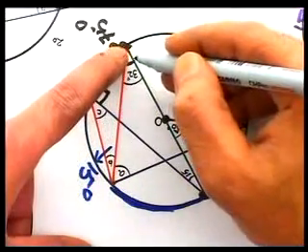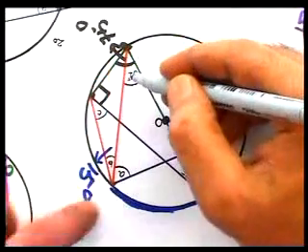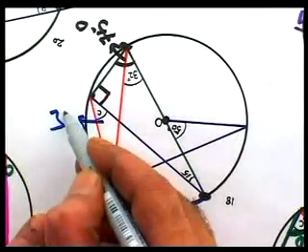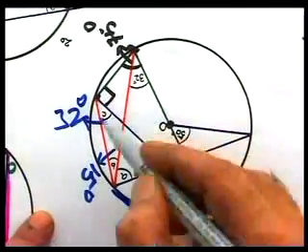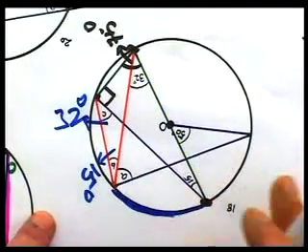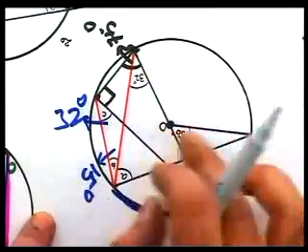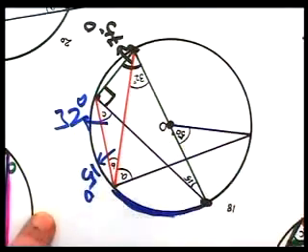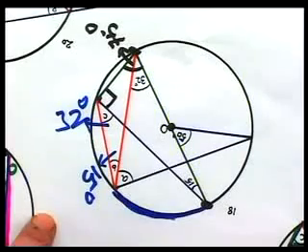The same arc is making an angle which is 32. So do you agree C must be 32? Angles made by the same arc. All right, so concept will not change. It's only that the drawing looks a little bit tough, but if you split that up slowly, into small parts, then it's very easy to do.